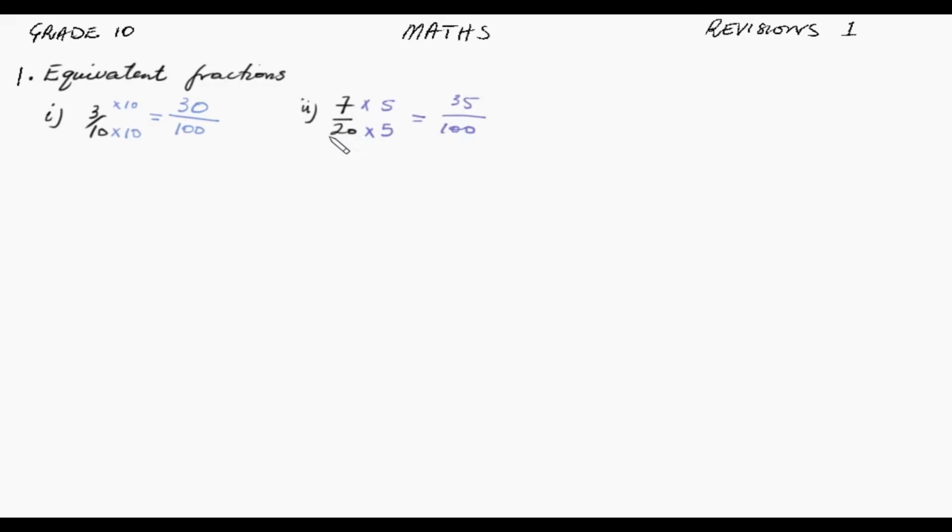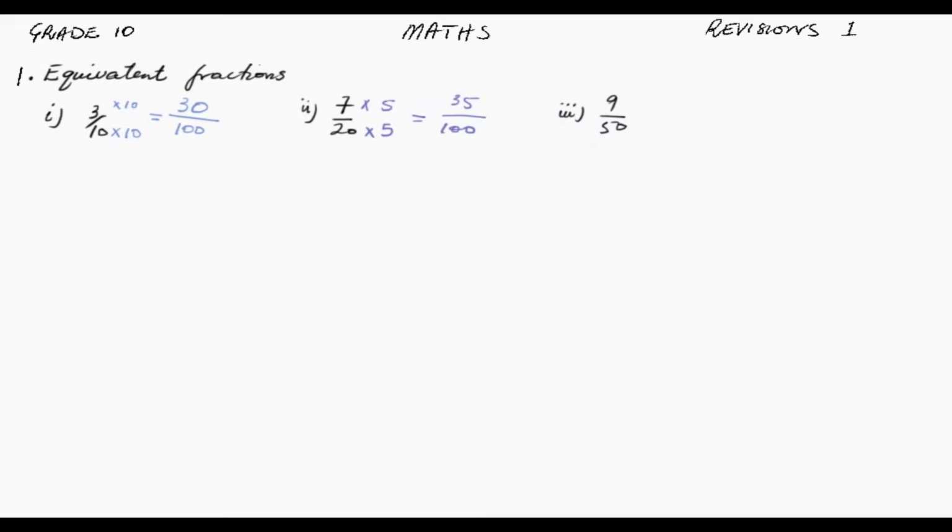Yes, that's basically what we mean when we talk of equivalent fractions. We still have more examples to look at. Let's look at 9 over 50. As an equivalent fraction, what are we going to have?